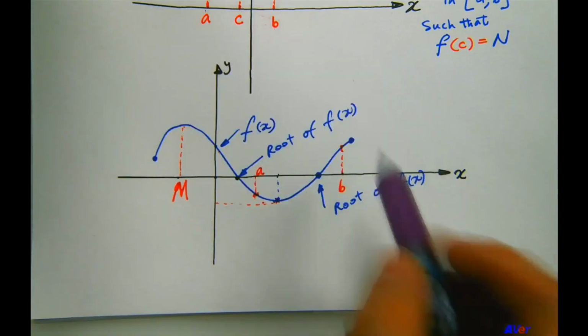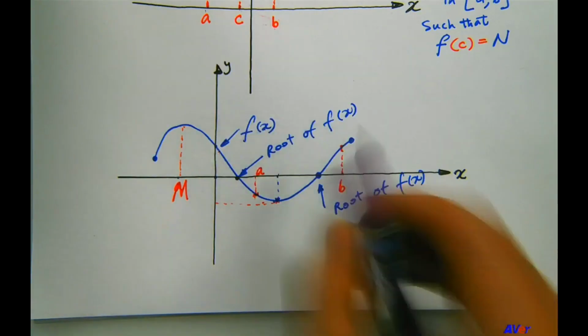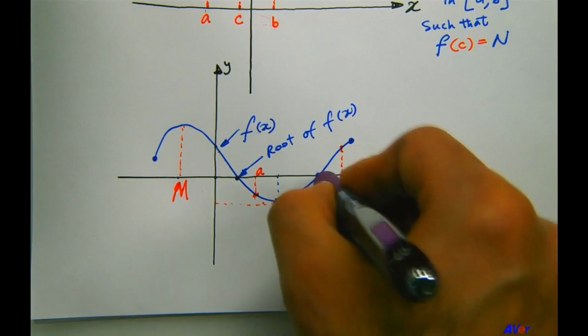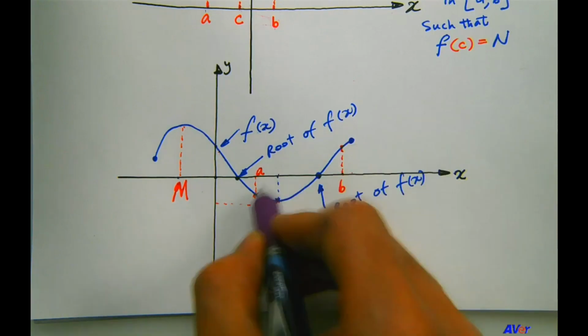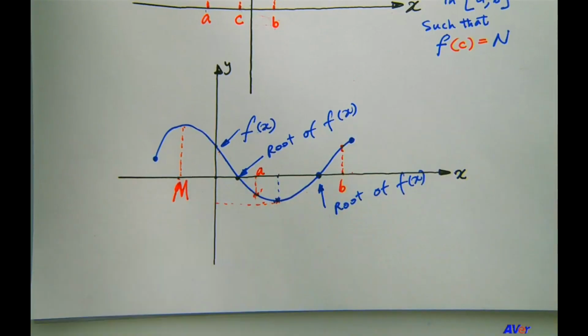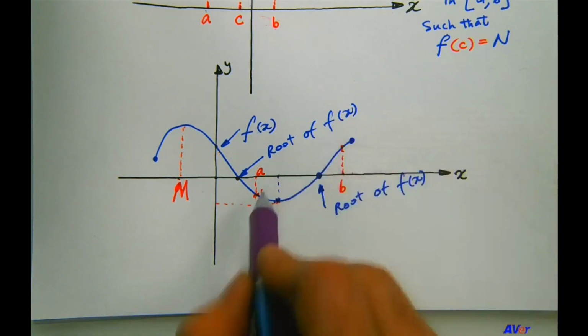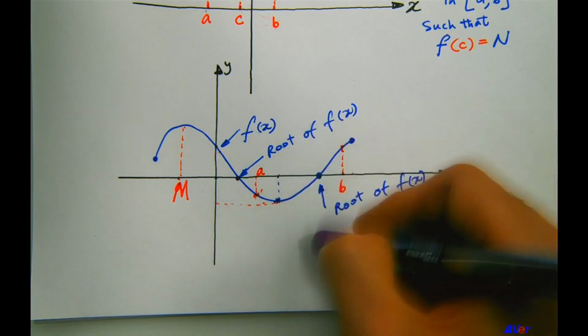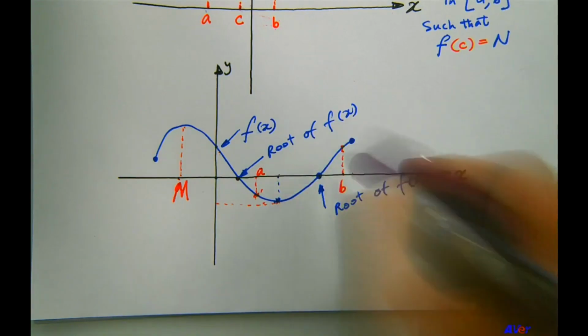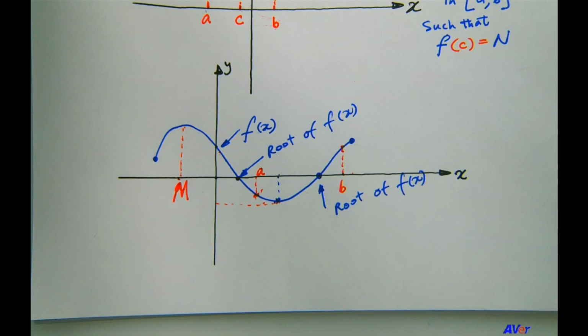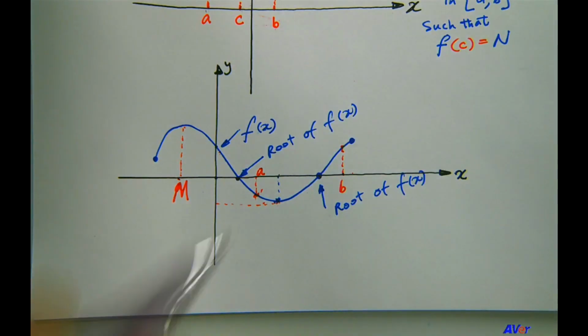This theorem can be used to show that there must be at least one root between A and B or between M and A. At least one root, because a function between A and B can cross the x-axis multiple times, not just once. So this was just a big picture of the intermediate value theorem.